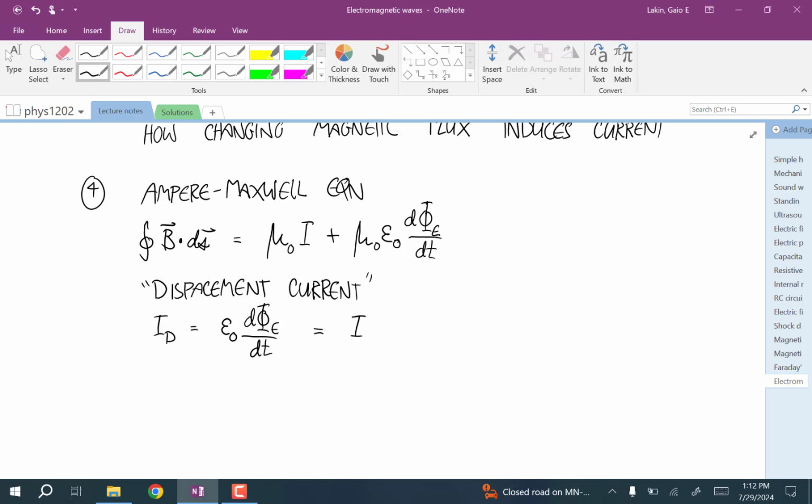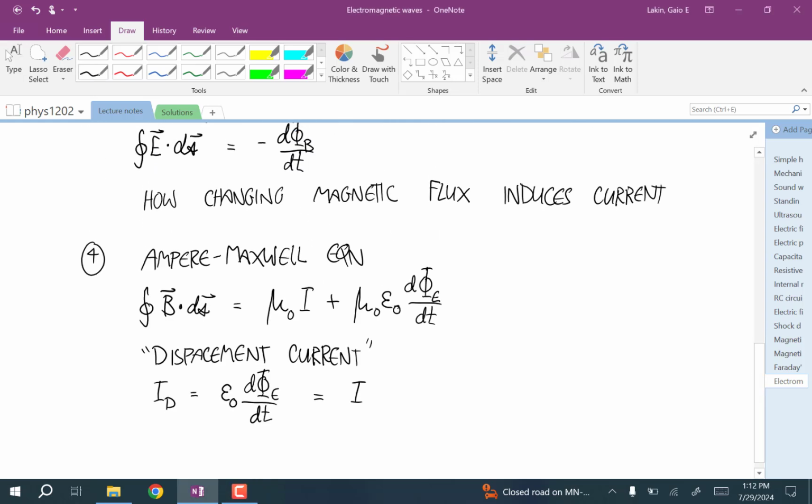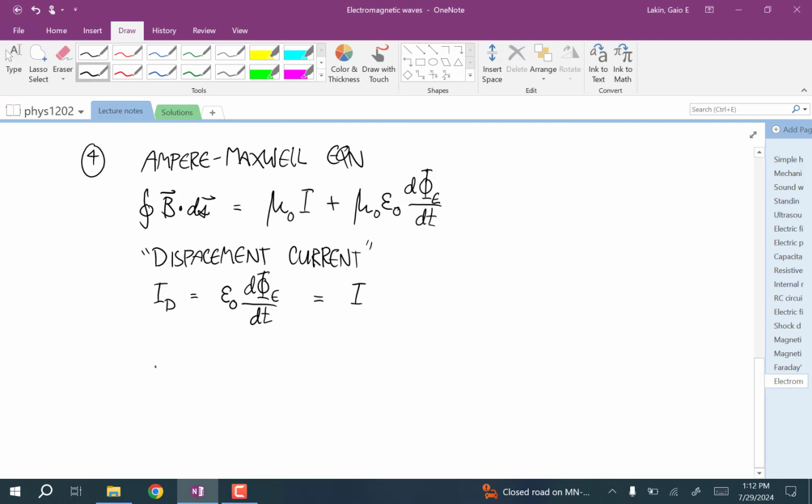That will come up in the assignment, so just remember you're going to have to use this definition. And what this equation gives us is how electric currents cause magnetic fields.